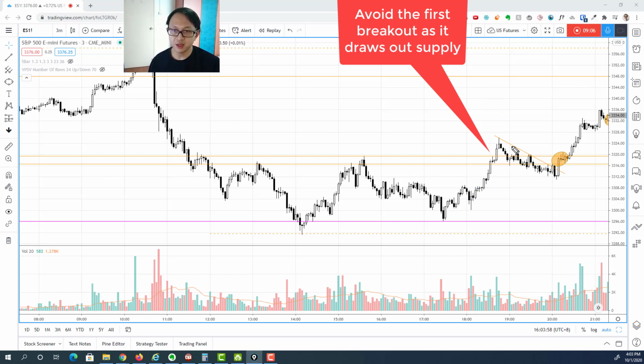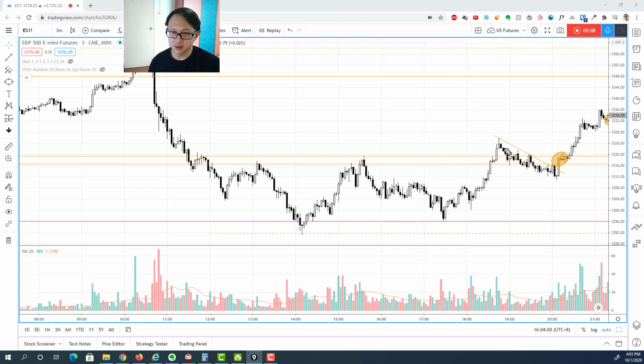And most of the time, what you will generally see is a pullback. Sometimes the pullback can be relatively shallow, like tested, and then reverse again. Sometimes it will just form a false breakout type of scenario, like we have this breakout, and then suddenly a supply spike, and then the bearish bar comes out, and then eventually just drifts down to the lower part of the support, or the range as well.